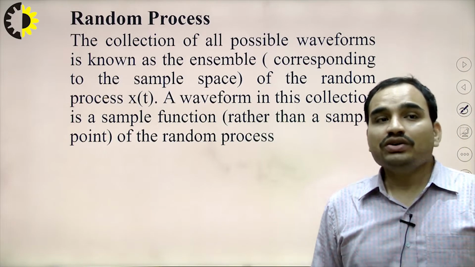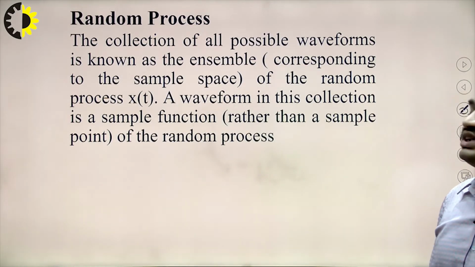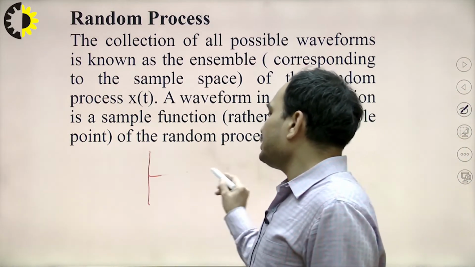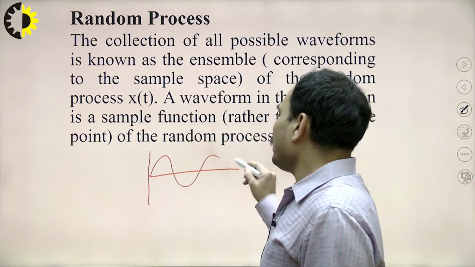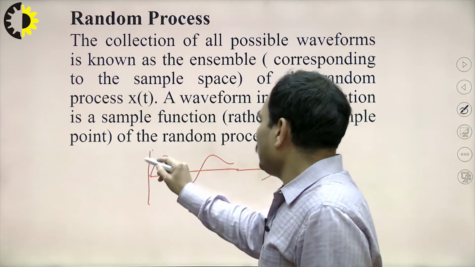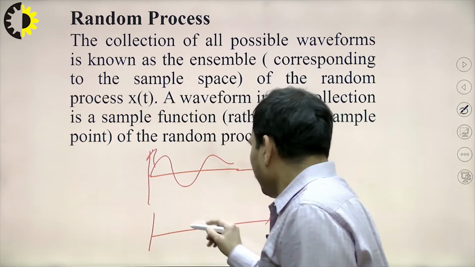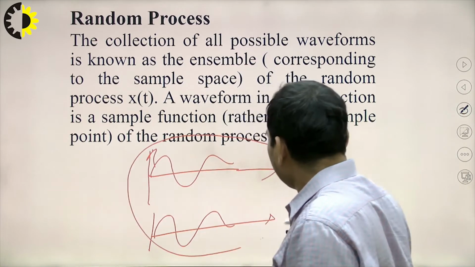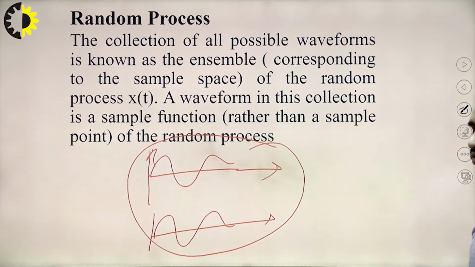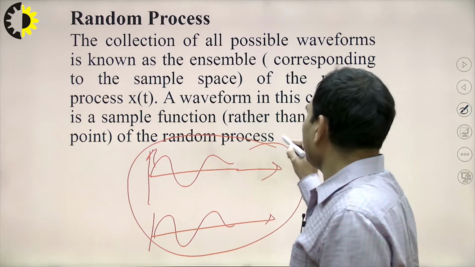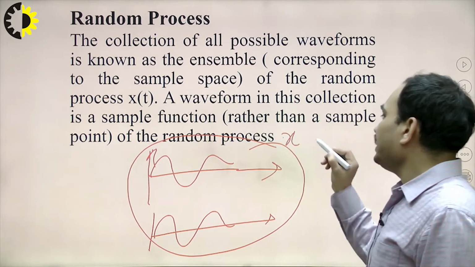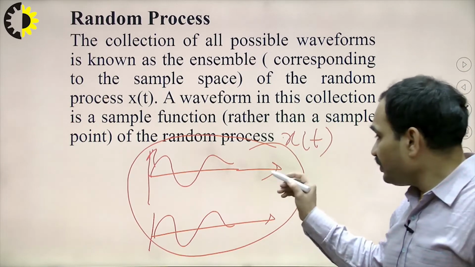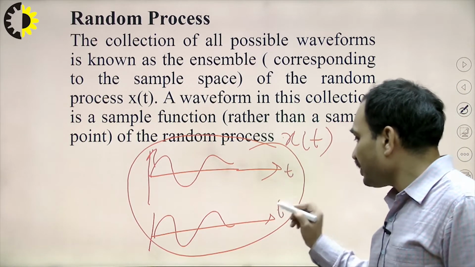The collection of all the possible waveforms is known as an ensemble. Since we know that a random process is varying with time, it is a collection of different waveforms. For example, we are considering a random variable x, and it is a function of time. Now this x(t) will have different waveforms, varying with respect to time.